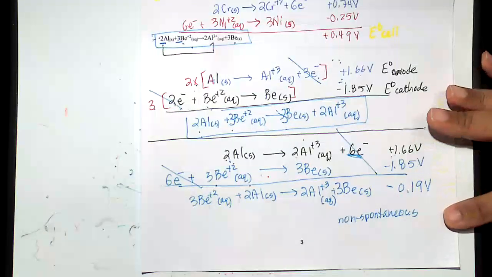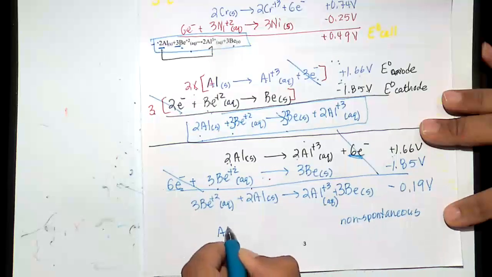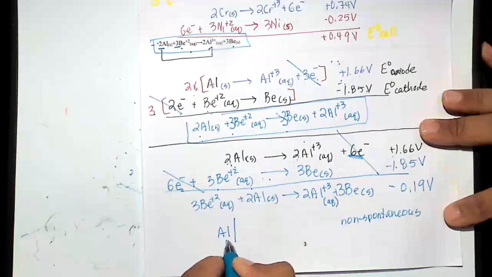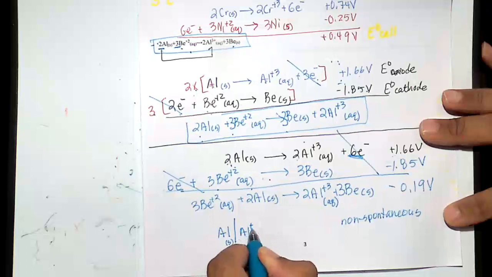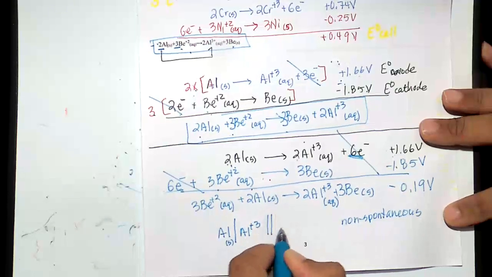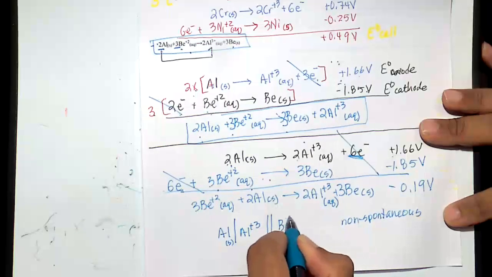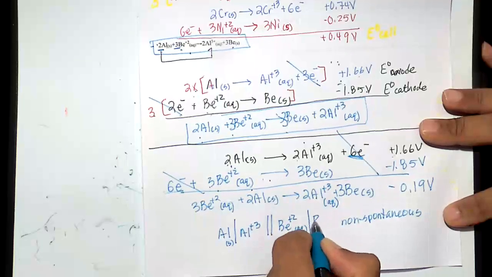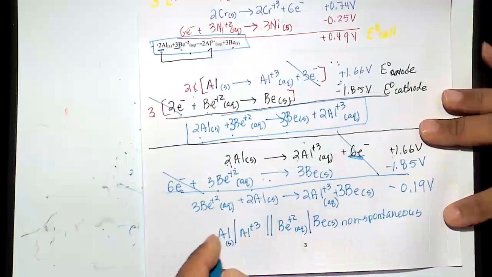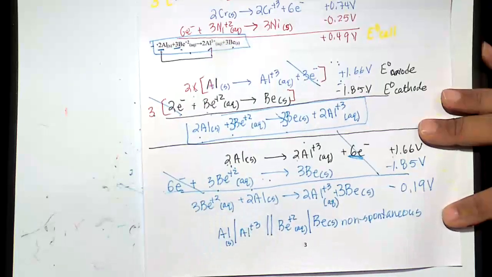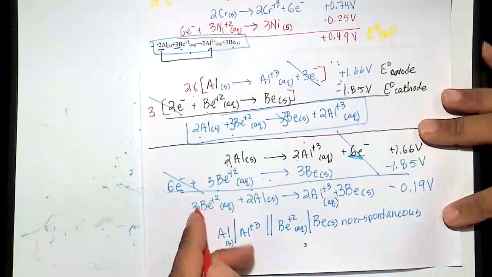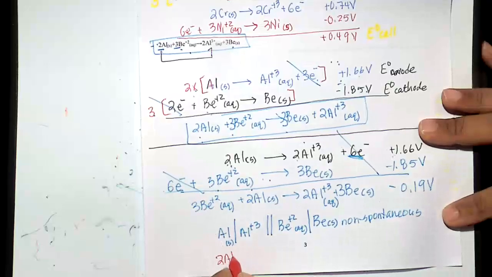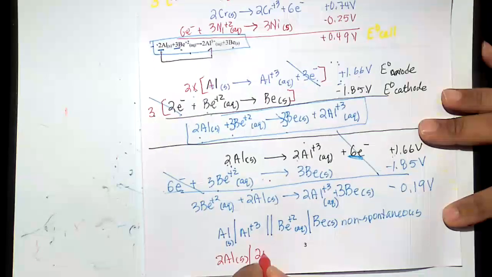And what's the anode couple? Al, we're going to draw one line, as Al plus 3. Salt bridge, Be plus 2 aqueous, one line, the cathode couple, Be solid. If you want to be more thorough, I think you did this, Asia, you can do 2Al solid, and that's going to 2Al plus 3.